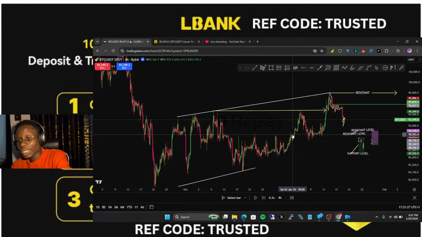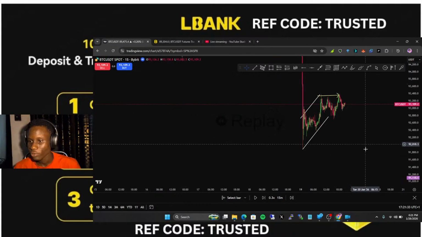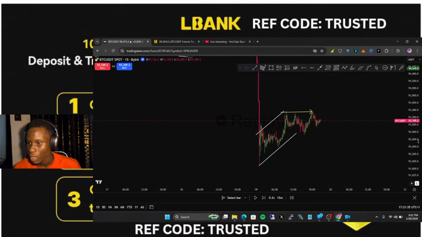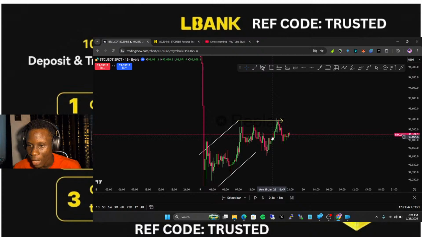Now let's go and see how we can make use of the information we are seeing on the 15-minute time frame. You can see this support level was created here, plus the resistance in here, right? We got rejected and we have this whole thing down here.